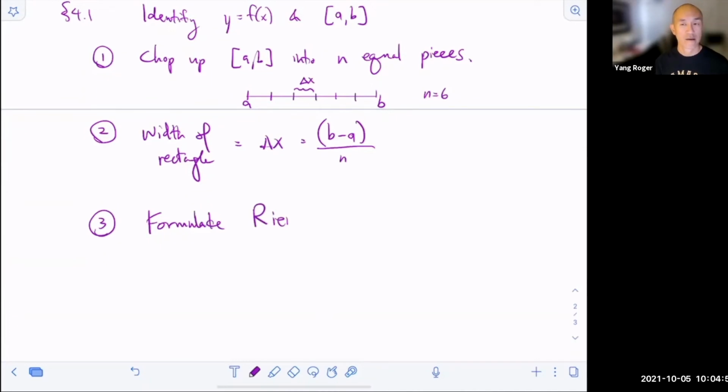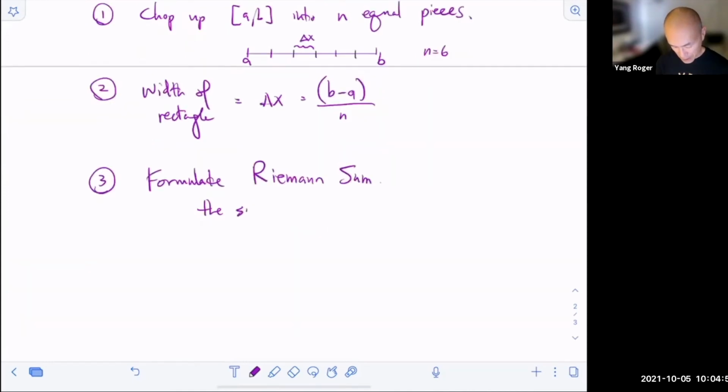And what this is, is the sum of the areas of n rectangles.